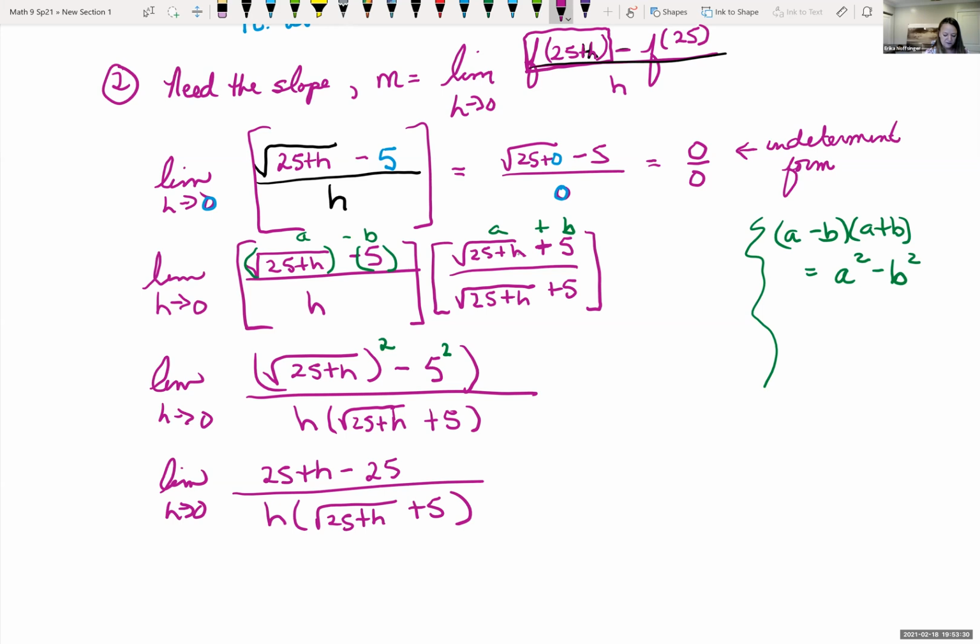Notice those 25s cancel. Once that happens, we have just an h in the numerator and a single h in the denominator, and those h's will cancel out.